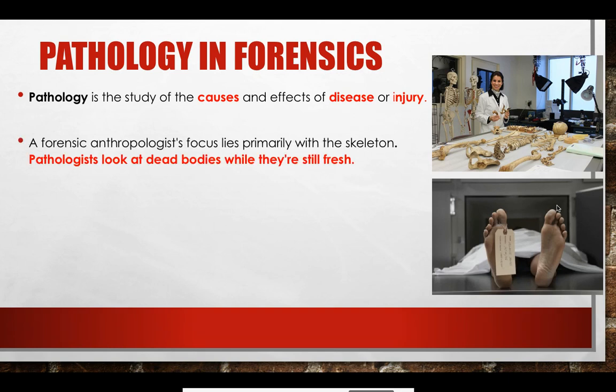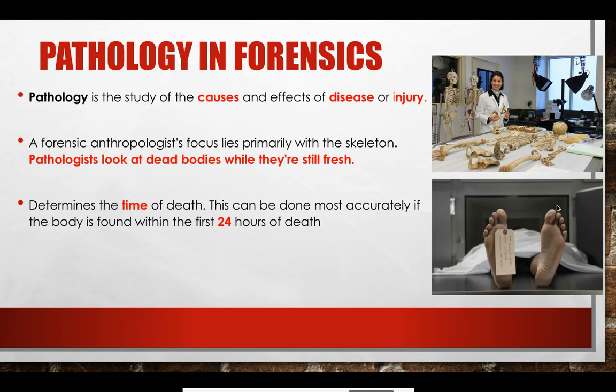Now, a forensic anthropologist focuses mainly on the skeleton and getting information from that skeleton. However, pathologists can look at skeletons, but they also will look at dead bodies while they're still quote unquote fresh, because they can also use different signs from a human body to determine how that person may have passed on or help to tell a story of their final moments.